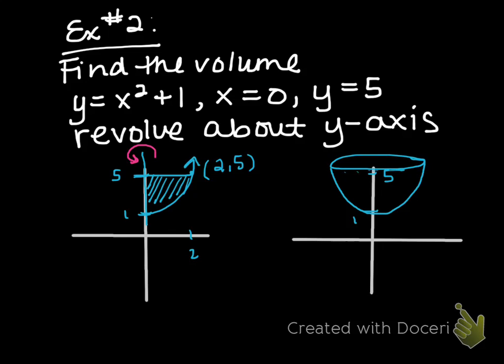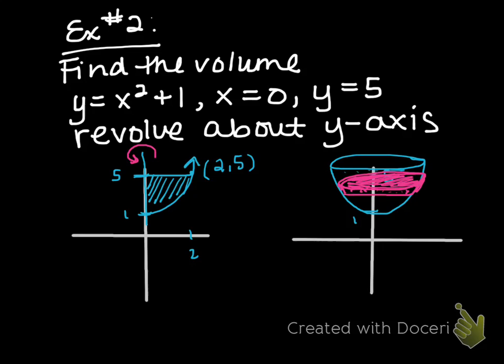Okay, so that's the volume that we're looking for. Now, if we go ahead and look at a cross-section of our three-dimensional figure, our disks will be facing this direction this time. Okay, so there's our cross-section. If you can kind of visualize that being a disk, it's not a very good drawing.